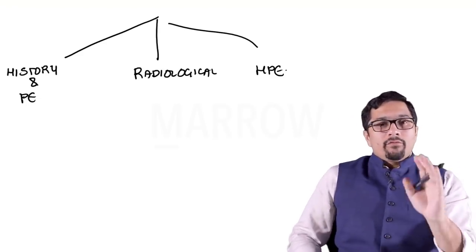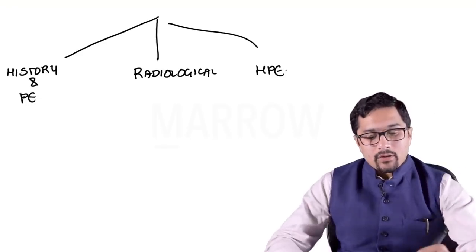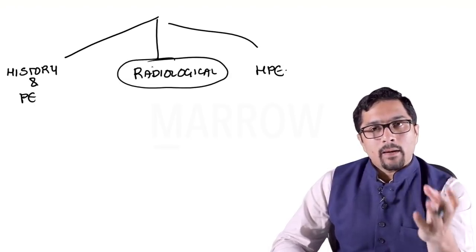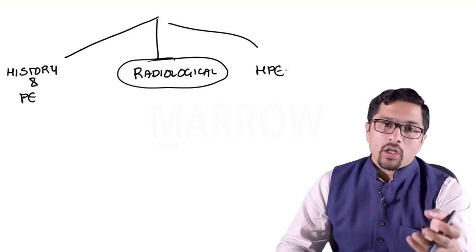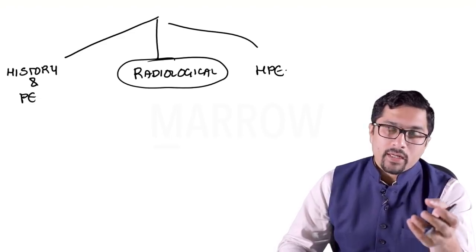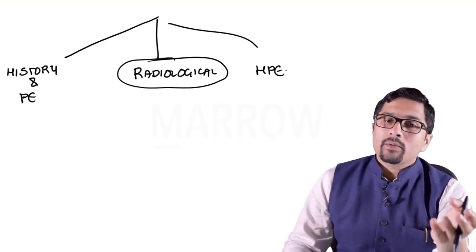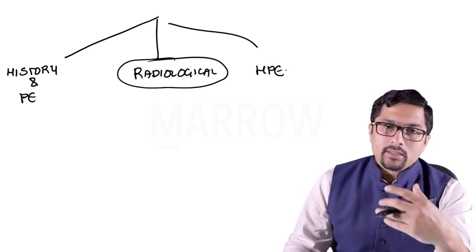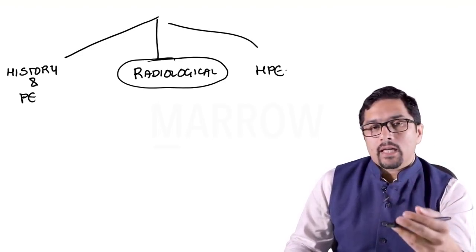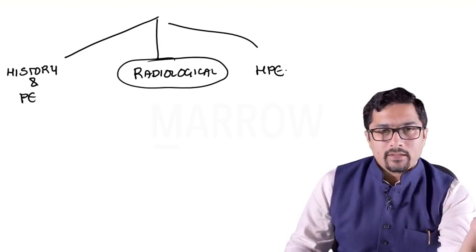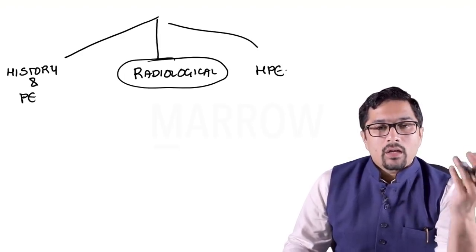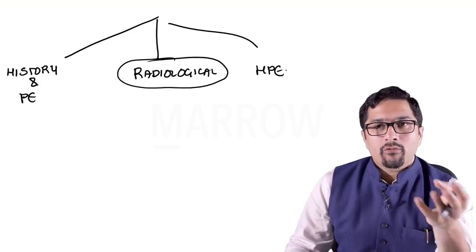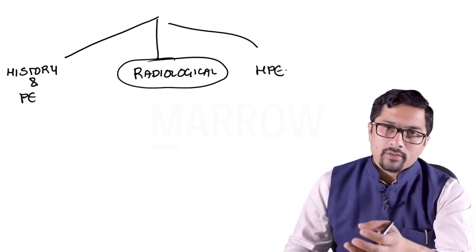So, very important that you remember this, that radiological investigations will always come before histopathological investigations, right? This is a common mistake which students make in the exam, that when they are asked which is the first investigation, they write FNAC. That is wrong. A radiological investigation always has to be done before a histopathological investigation.